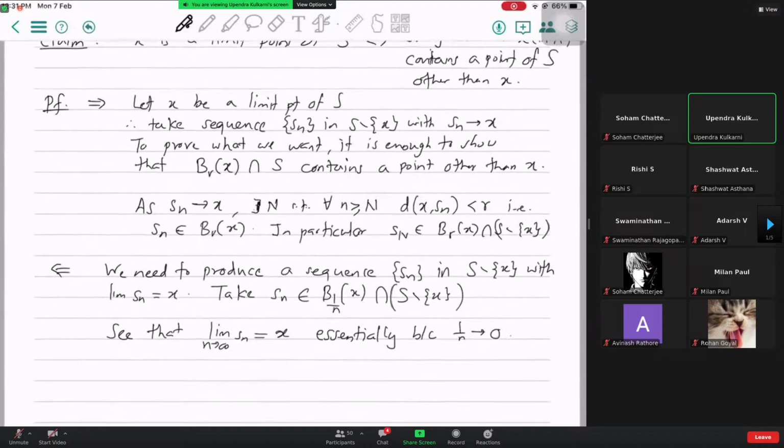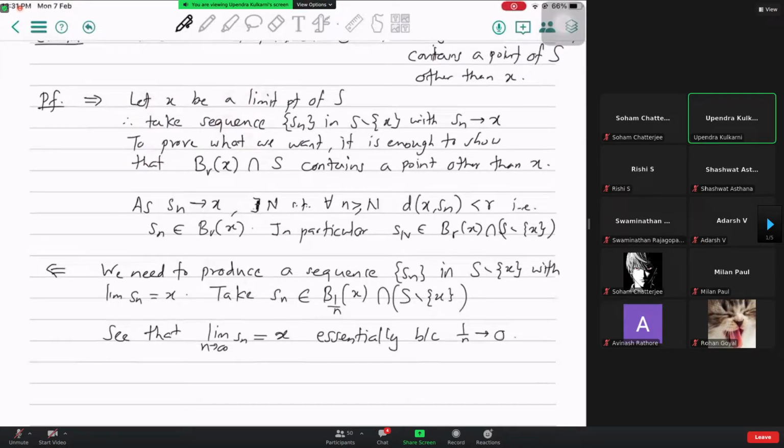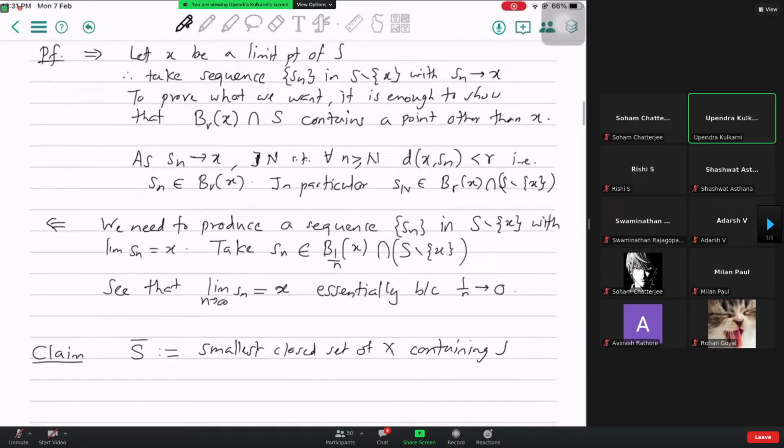Okay, so let's continue with the claim. So the claim now: S bar, which I have defined to be the smallest set of X containing S, is equal to a bunch of things.